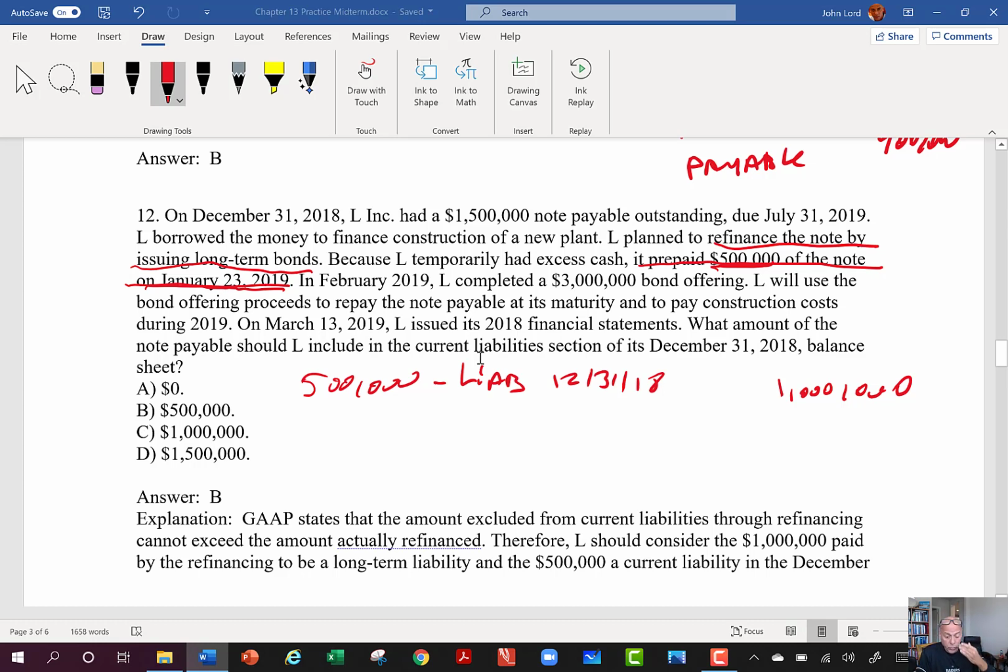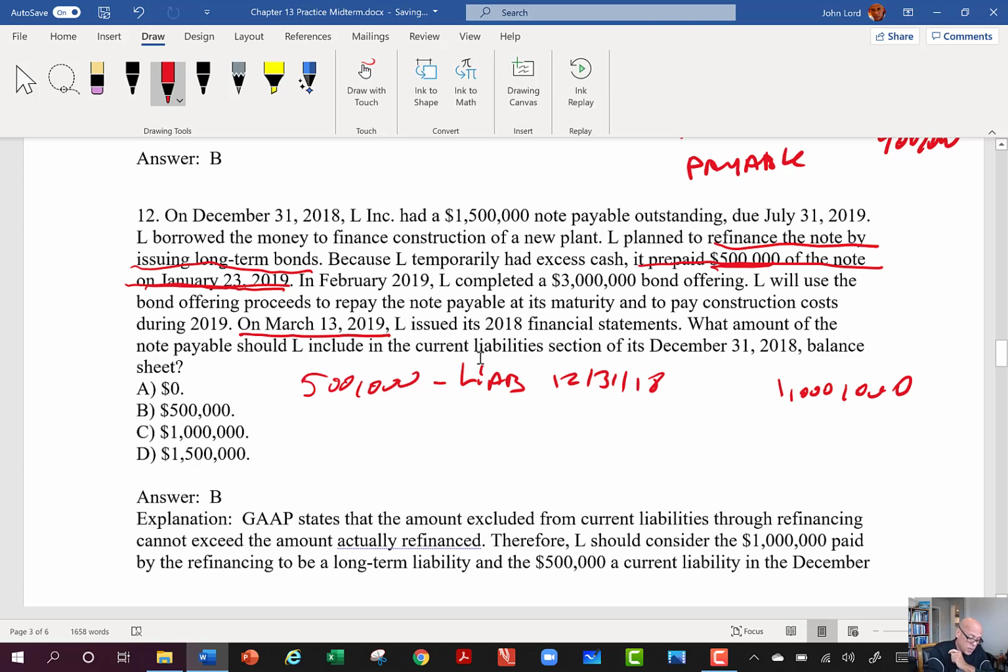Well, what are the rules? The rules are: if you actually execute the refinancing before you issue the financial statements in that next year, and we didn't issue the financial statements until March of 2019, then I can carry that long-term debt that I've secured the refinancing for before the issuance of the financial statements as non-current.